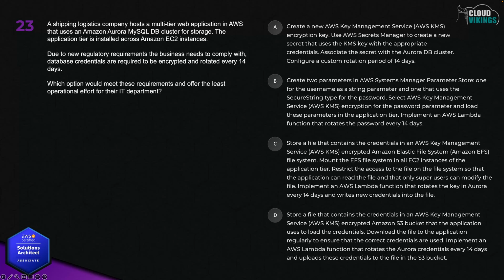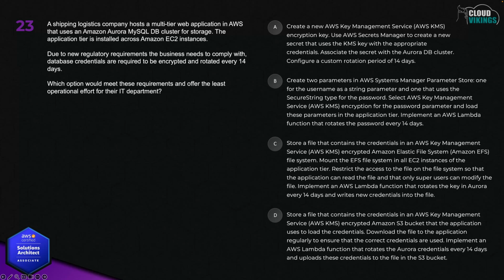D. Store a file that contains the credentials in an AWS KMS encrypted Amazon S3 bucket that the application uses to load the credentials. Download the file to the application regularly to ensure that the correct credentials are used. Implement an AWS Lambda function that rotates the Aurora credentials every 14 days and uploads these credentials to the file in the S3 bucket.